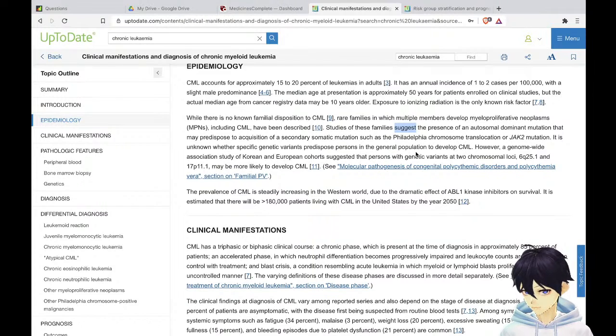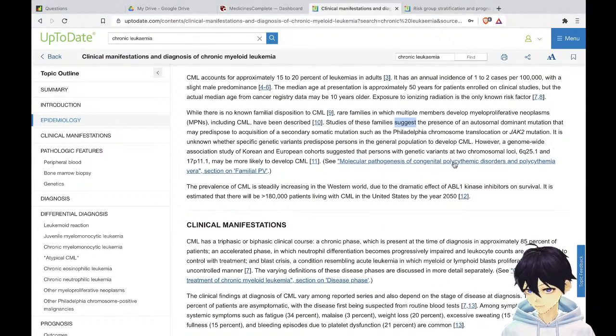It is unknown whether specific genetic variants predispose persons in the general population to develop CML. However, a genome-wide association study of Korean and European cohorts suggests that persons with genetic variants at two chromosomal loci, 6q25.1 and 17p11.1, may be more likely to develop CML.